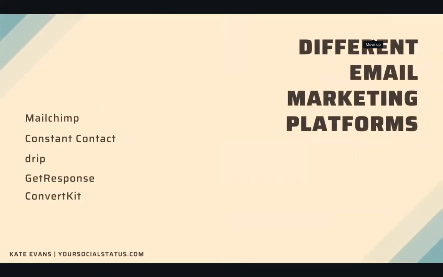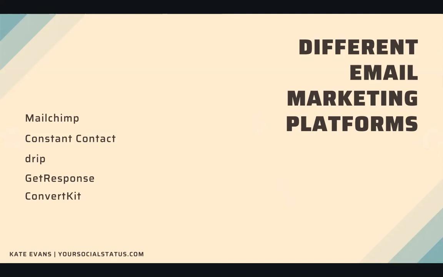So as I mentioned in the beginning, there are quite a few different email marketing platforms, and I didn't want to list them all here because there are a ton. When we look at Mailchimp, Constant Contact, there's something called Drip, GetResponse, ConvertKit, each of these basically does the same thing, but also has different features based on who they're marketing towards and what the platform is really built for.